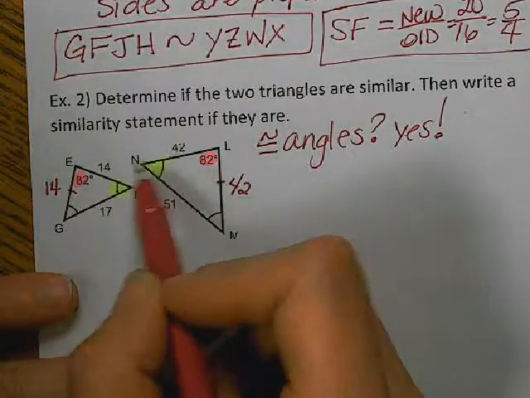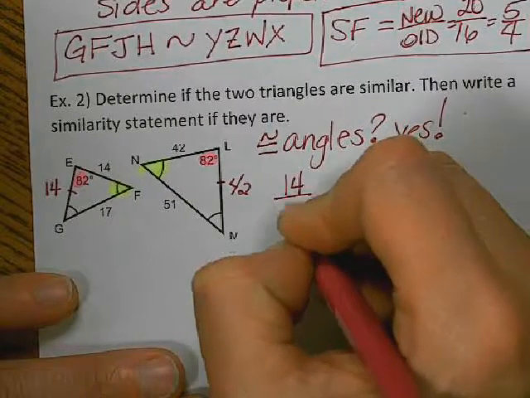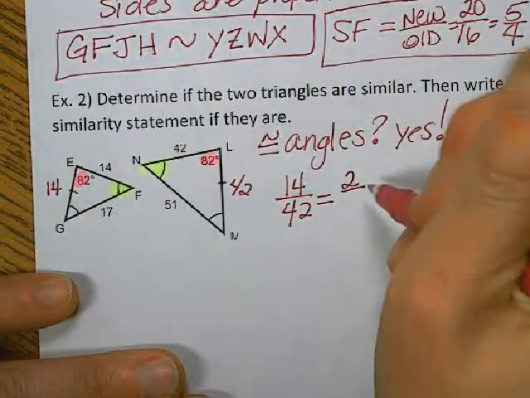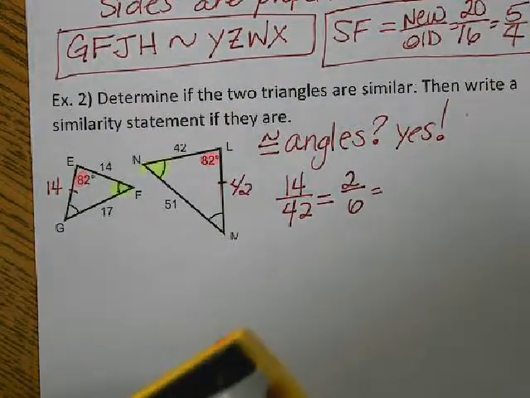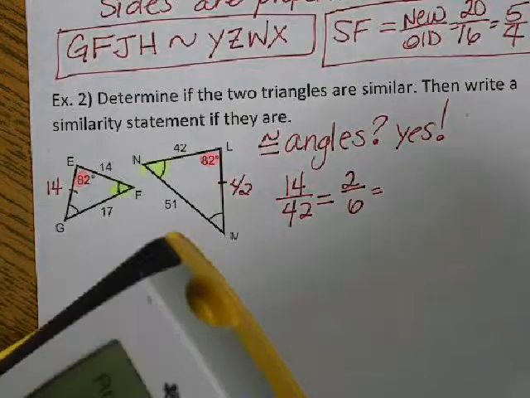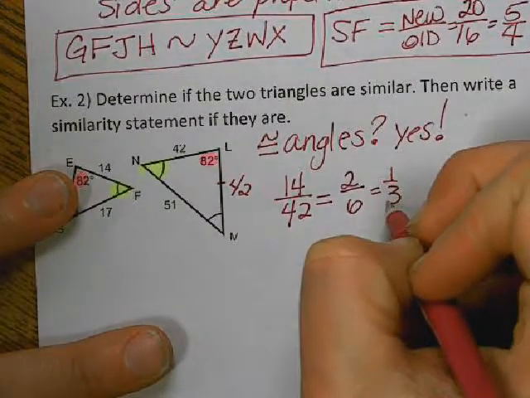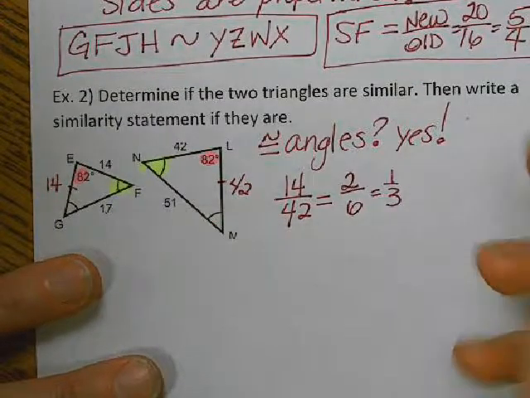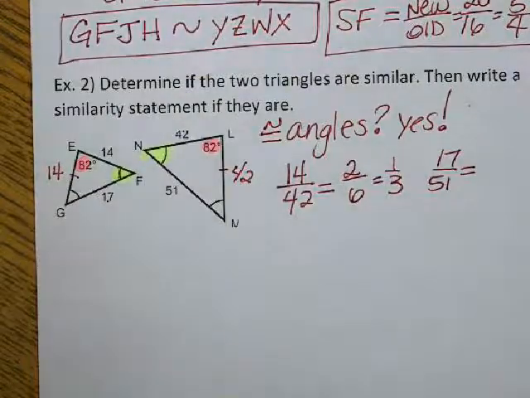Okay, so we say 14 over 42. And that simplifies to 2 over 6, which is 1/3 maybe. Make sure I'm not making a calculation error. Yep, 1/3. And now let's check this other side over here. 17 over 51. Does that simplify to 1/3?